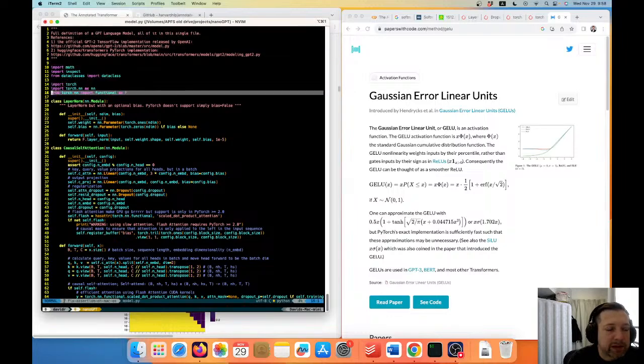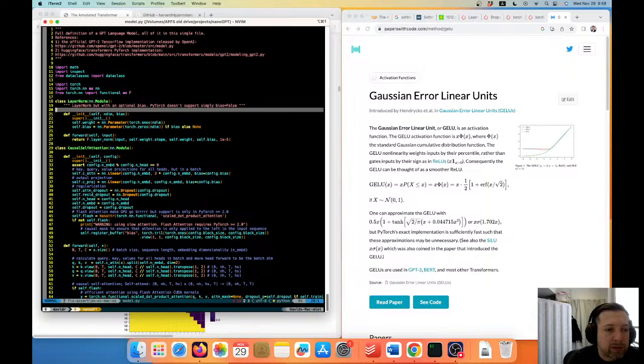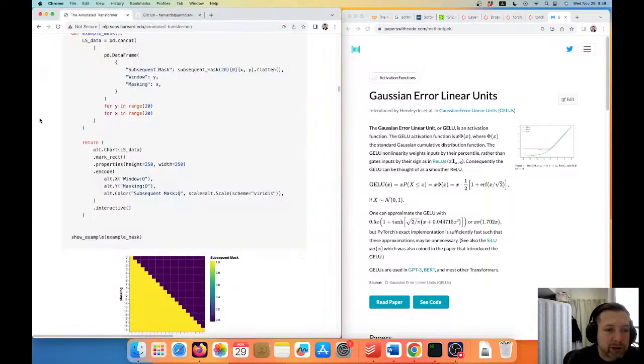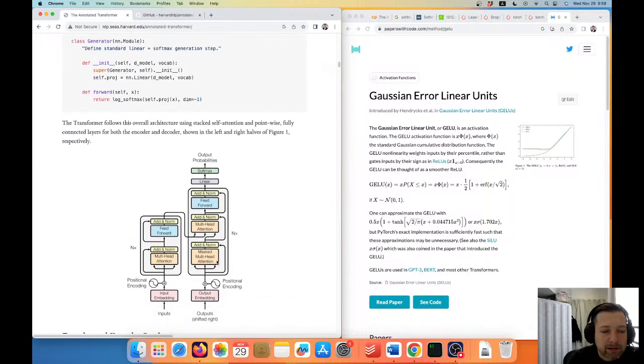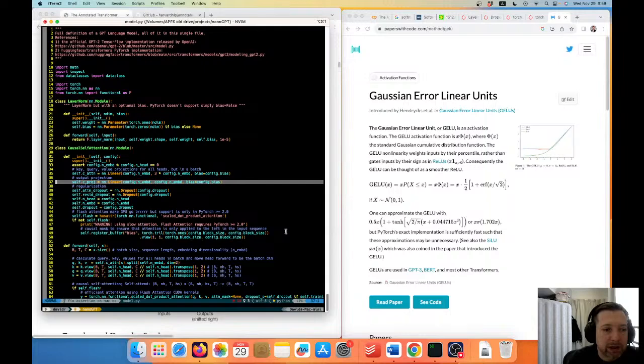So this is basically just layer norm, the attention bit, self attention. I think that should just be this bit, and then we have just the feed forward again with the layer norm.